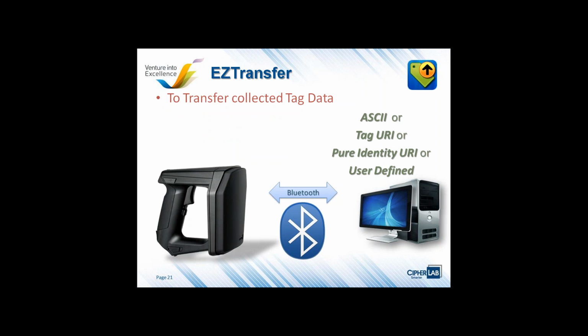The Easy Transfer includes a format conversion feature that can transfer data to hexadecimal and ASCII code data format. And it can also keep the pure universal resource identifier. And it will be useful if you already have the fixed format in your backup software.